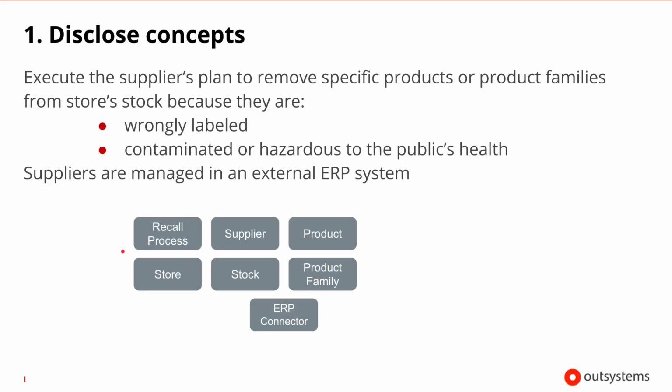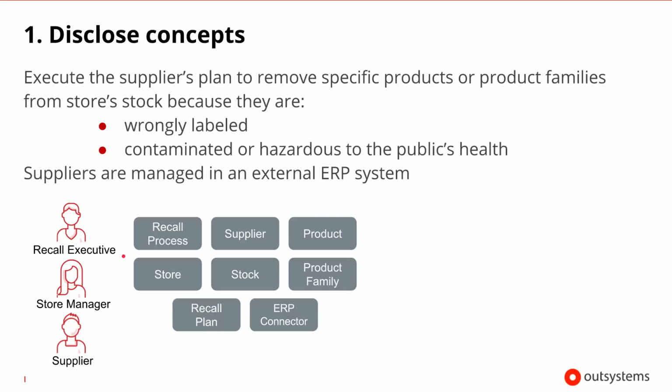So that's sort of something we could have got from the high level, but as we did the actual detailed process, we saw that there are different people involved. So the recall executive, the store manager, and the supplier are key roles that are involved with this. And there is a recall plan so that once we know all of these other concepts, we have to kind of combine them into a plan as to how things are going to happen.